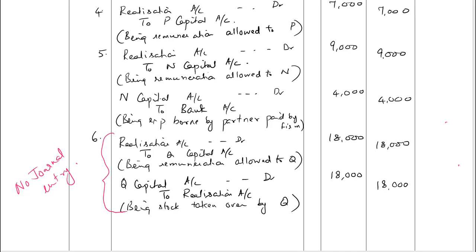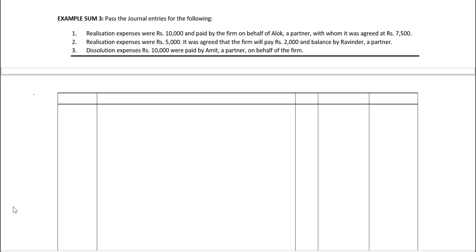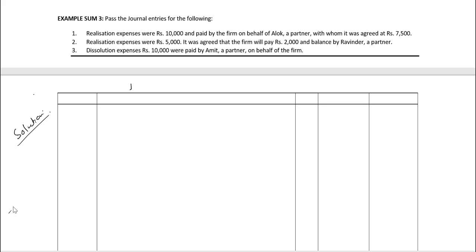Let's go to the third example sum. Example sum 3. Pass the journal entries for the following. So let's begin. Solution. Journal.